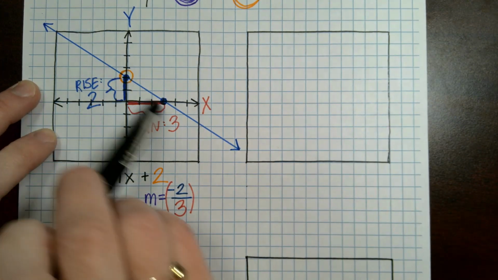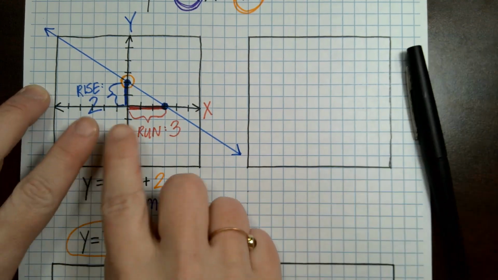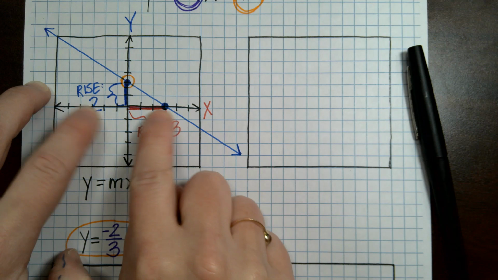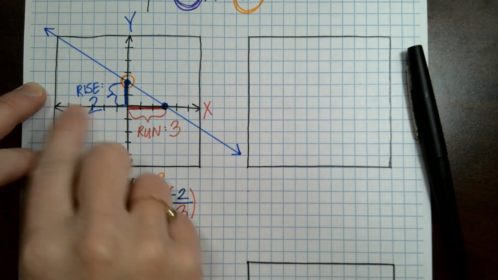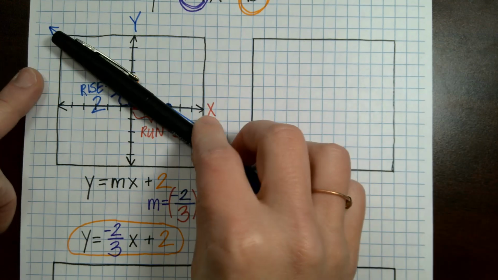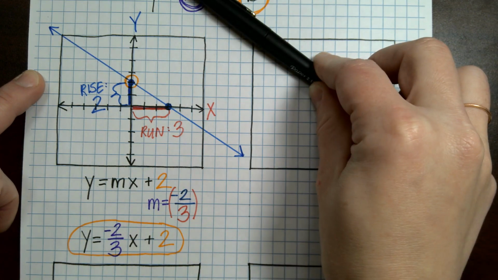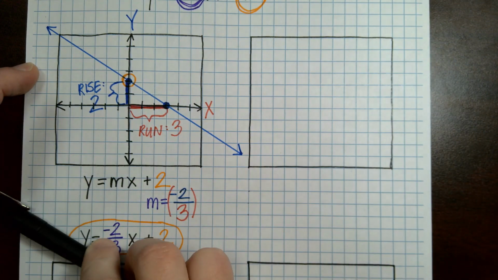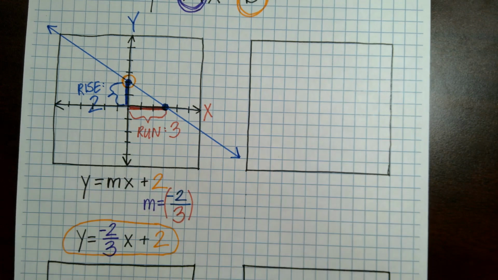Absolutely. So the slope actually has nothing to do with where it lands on the x-axis or the y-axis. This slope would still be negative 2/3, even if it was all the way over here. The slope just tells us how steep it is and whether it's going steep down or steep up.